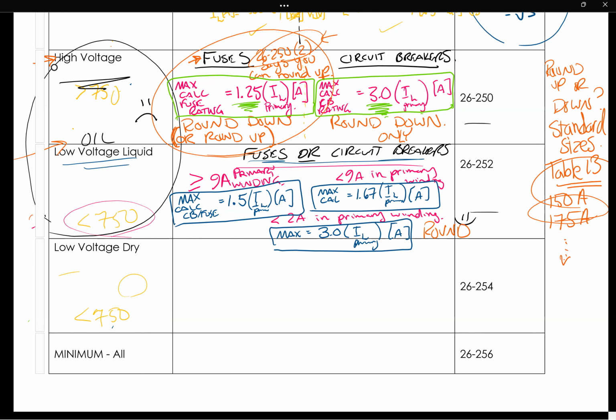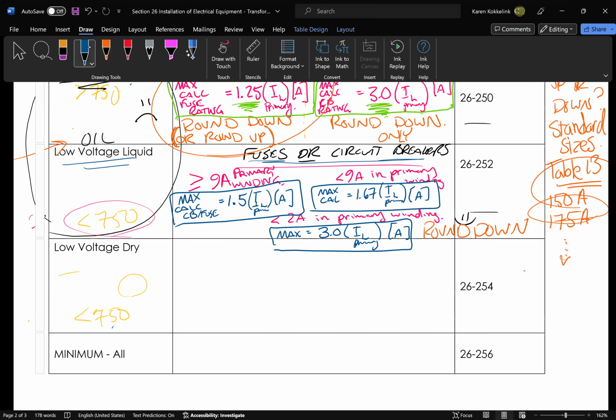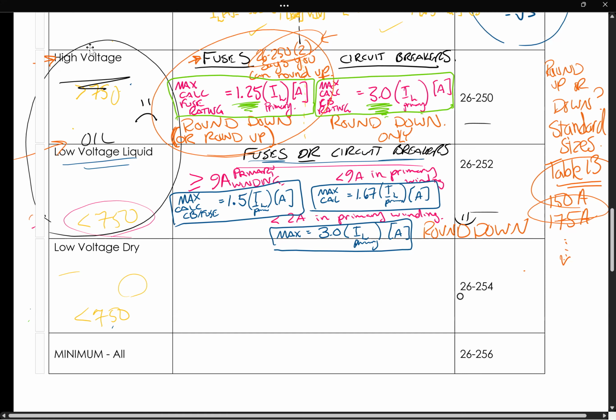Round down to table 13 in the table section. I don't know why that does that, but round down in table 13. Okay, so those are the calculations you do. The same calculations, all we're doing is changing that factor that you're multiplying by.